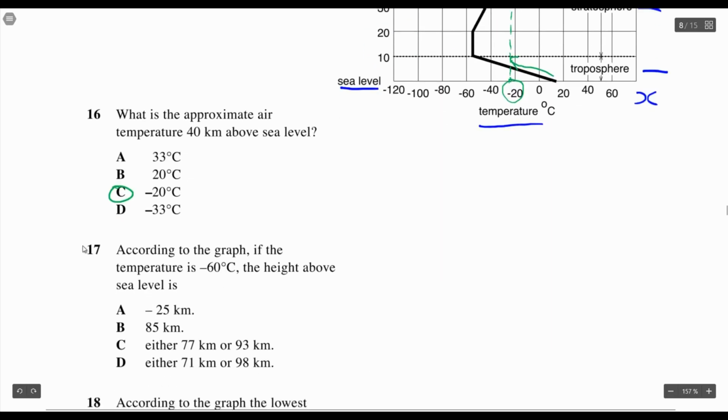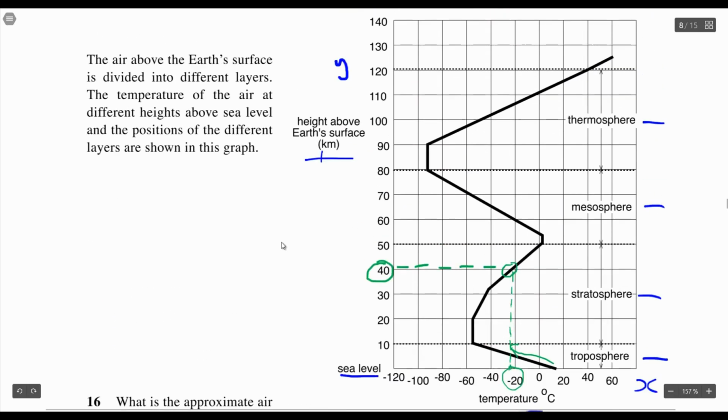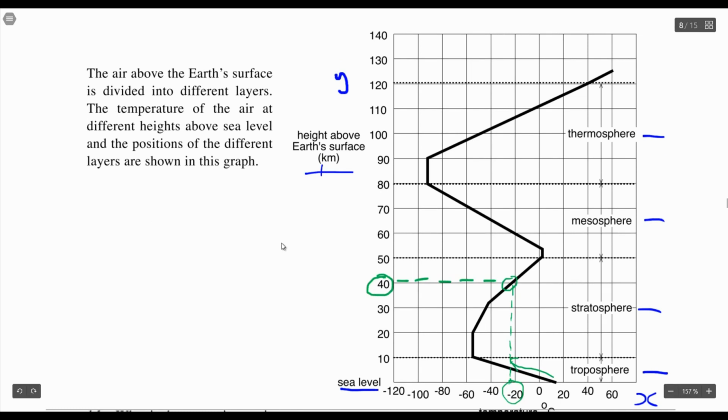The next question, question 17. According to the graph, if the temperature is minus 60 degrees Celsius, the height above sea level is. So we look at minus 60 degrees Celsius right over here, and we start working our way up. As we're working up, we encounter the black line once, and we keep going and we encounter it twice.